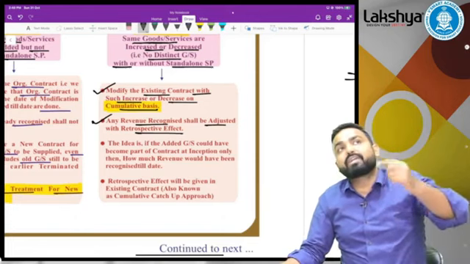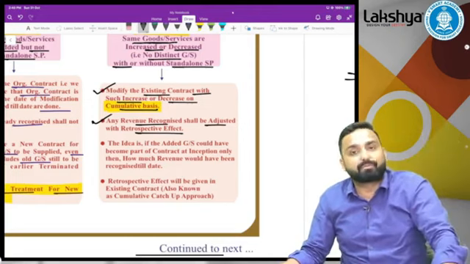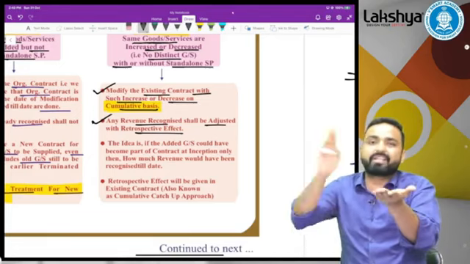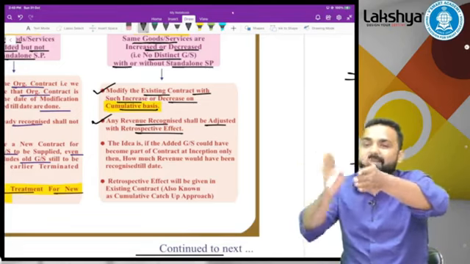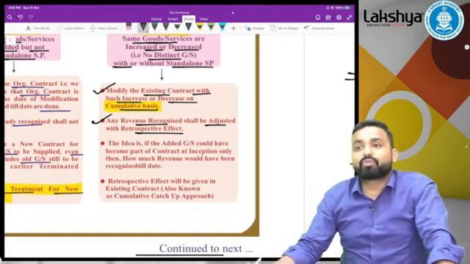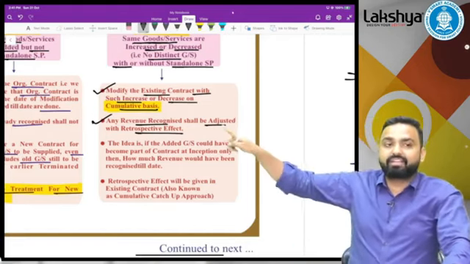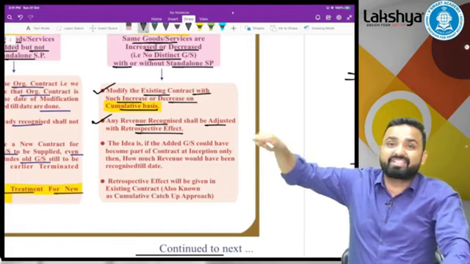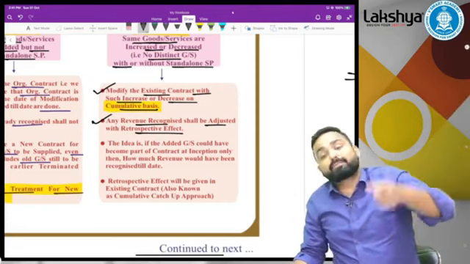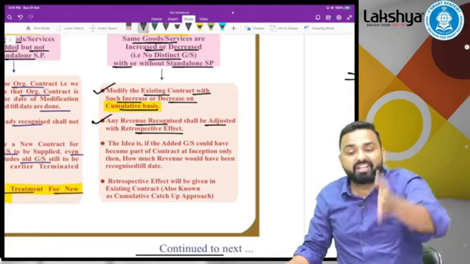I have already supplied 25 laptops, so I must have recognized the revenue in respect of 25 laptops. Now how many laptops need to be supplied? 25 once again, but the customer asked for another 30, so 25 plus 30 becomes 55. The price may or may not be changed. I would think that if the same 30 additional laptops had been part of the original contract initially, so the original contract would be of 80, what should be the revenue recognized till date?